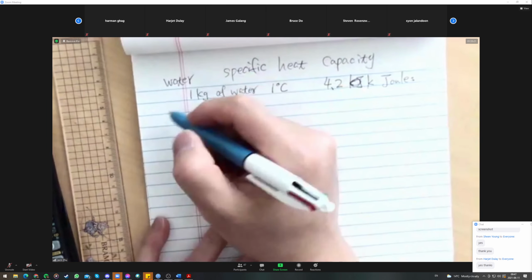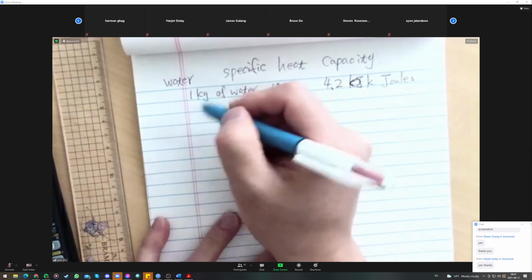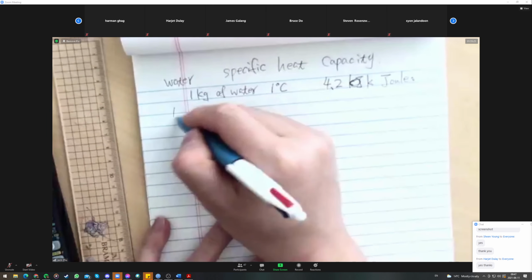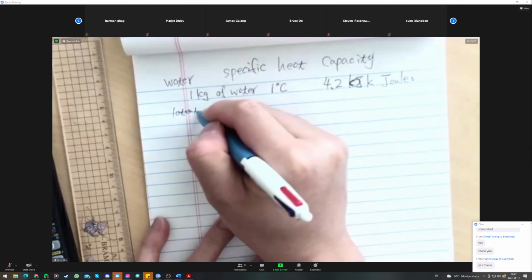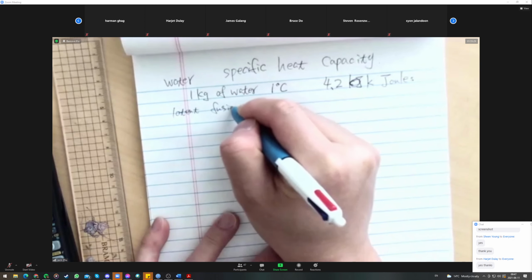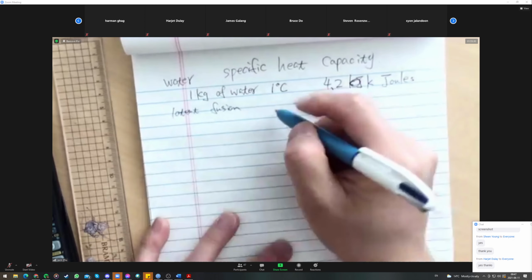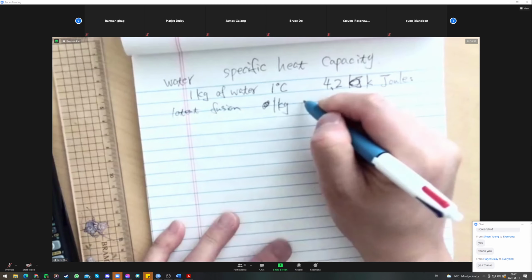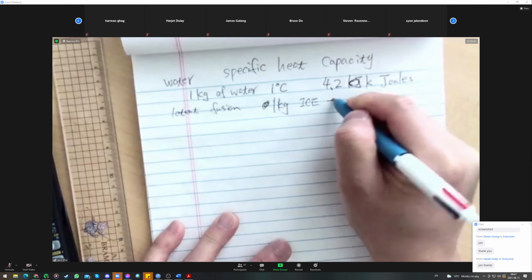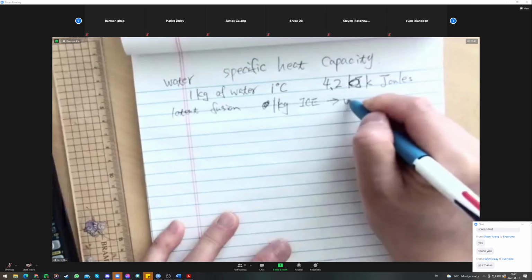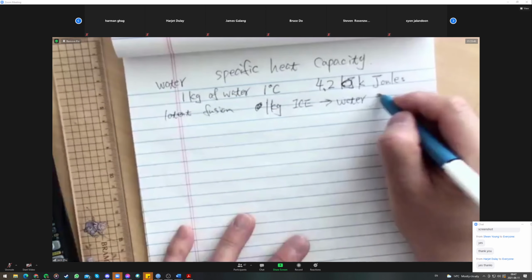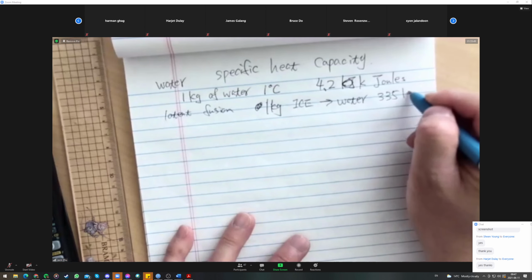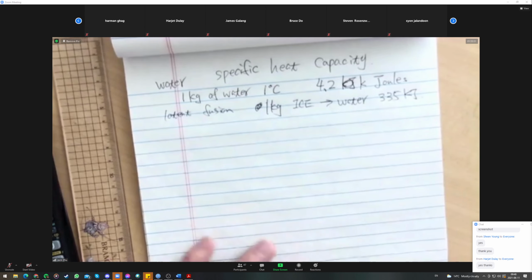But if you try to change, the latent heat of fusion, 1 kilogram of ice into water, you will need 335 kilojoules of energy.